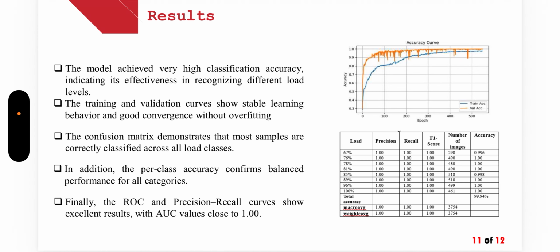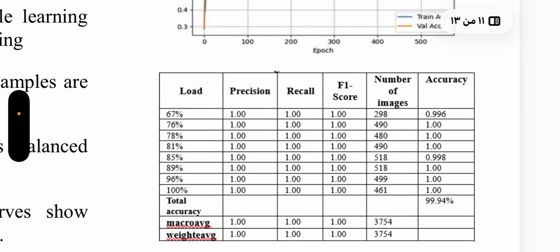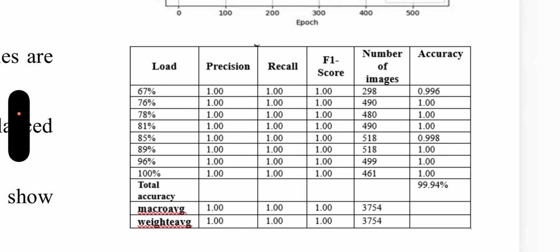Finally, the ROC and precision recall curves show excellent results with AUC values close to 1. This table shows the result of the experiment of DC motor.